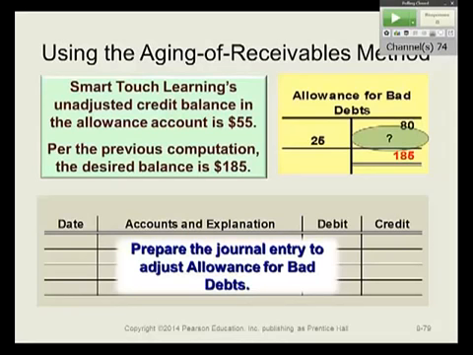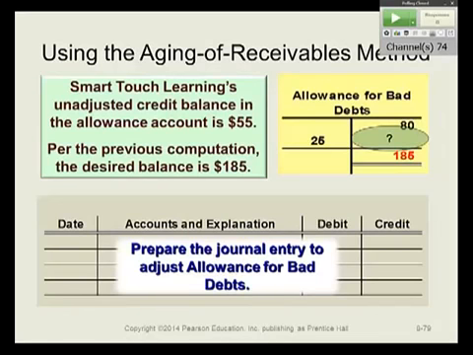So if we put this up on the screen for you, what we're saying is that if we look at the allowance account, and 80 is, let's say, the existing balance, that 25 is a write-off, and the balance now is going to be 55. So you have an existing balance of 80, you write off 25, and now you have a balance of 55.